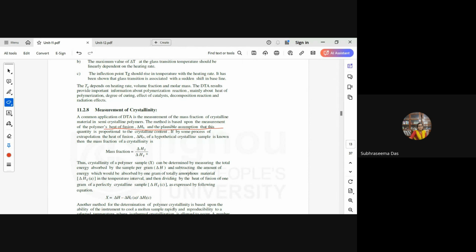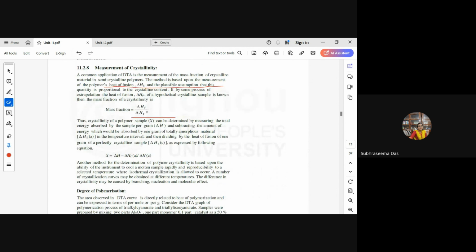To find out the delta HF for a polymer, it is assumed that delta HF, the change in heat of fusion of a polymer, is directly proportional to the crystalline content present inside the polymer, which is delta HF star. So the mass fraction is given as delta HF by delta HF star.